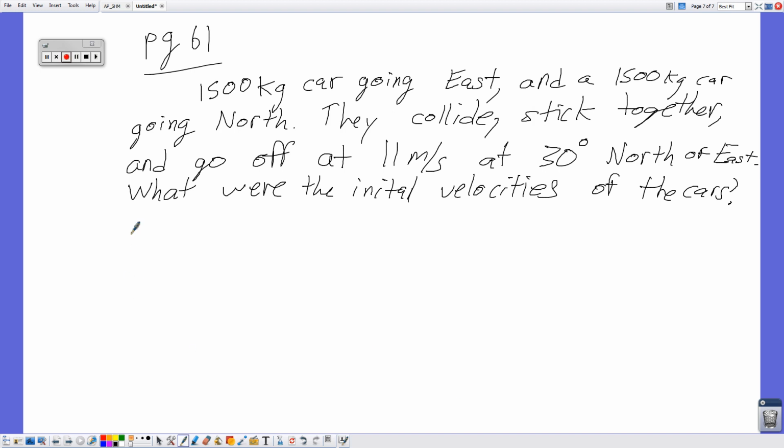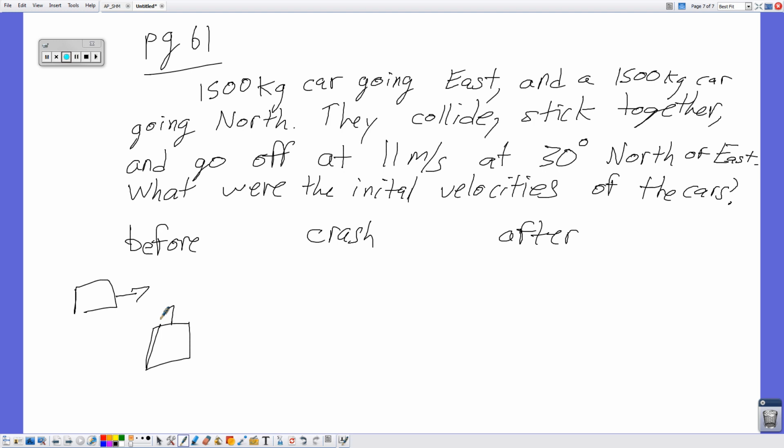All right, so we got before the crash, we got the crash, and we got after the crash. I'm going to draw pictures. I'll call that car A and call that car B. Now, the crash itself happens. I'm not sure how to draw a picture of that.